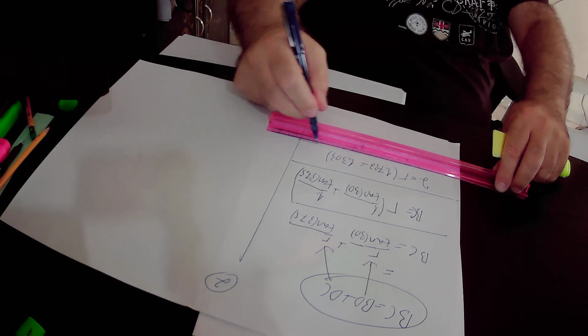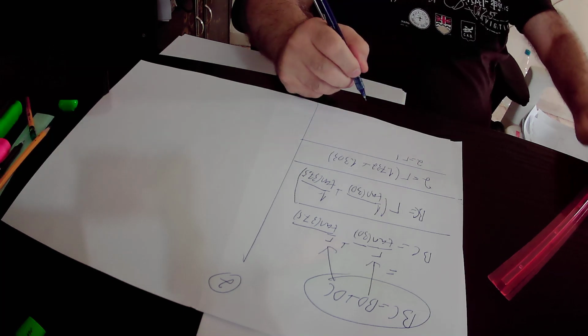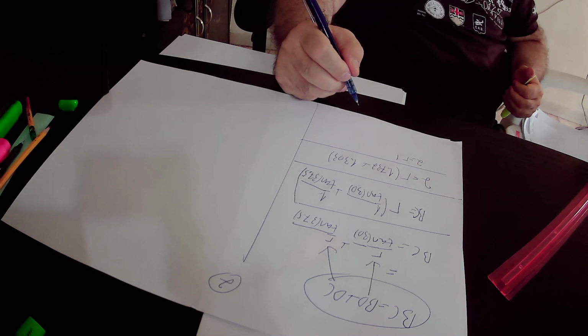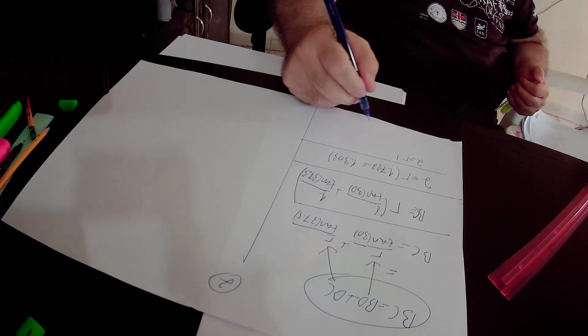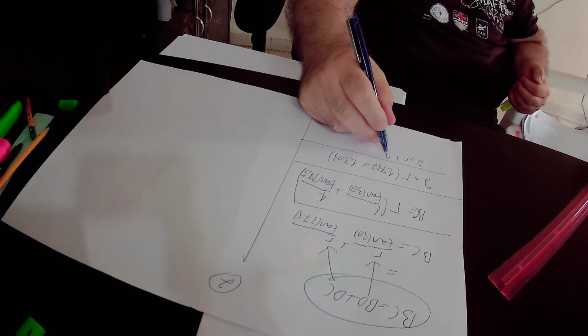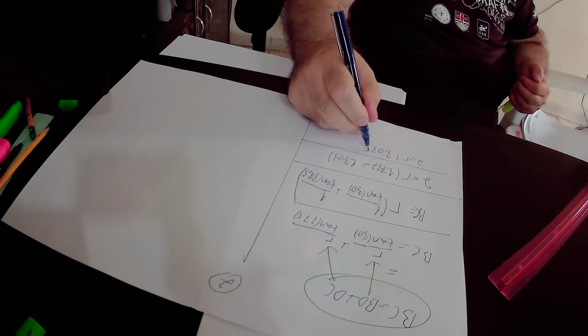So I found out that 2 equals R times 1.732 units plus 1.303, which is 3.035 units.